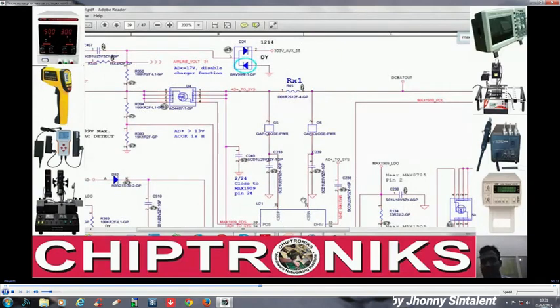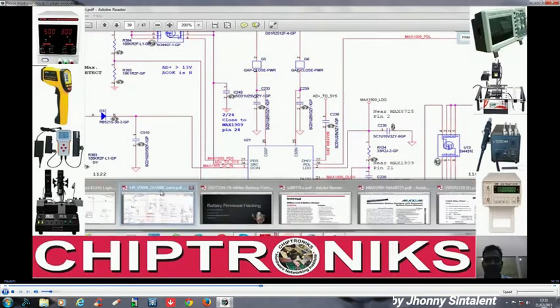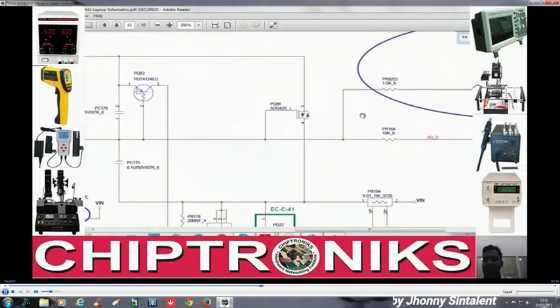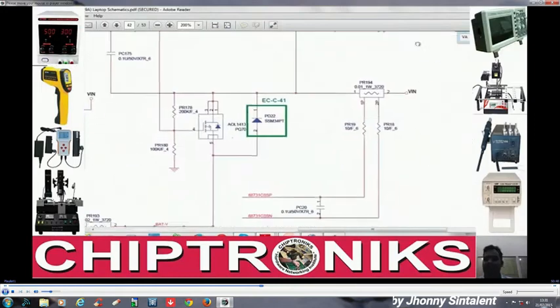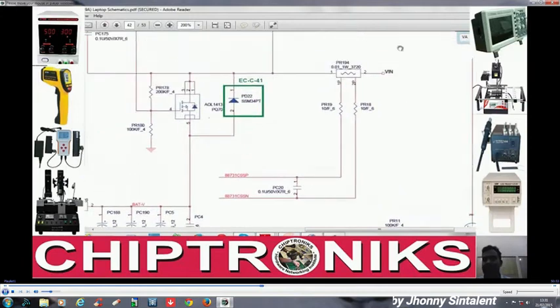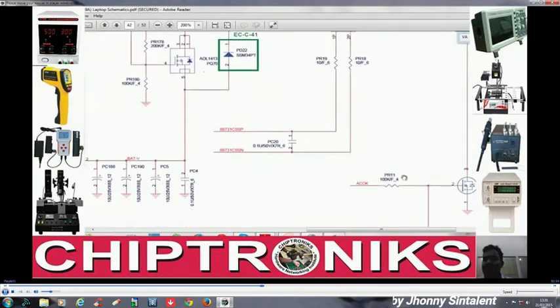If this charger IC is not okay, even then DC bat out will come over here, right? Whereas in the i3 Lenovo board, this V in will generate only when AC OK comes. When the adapter is present, this V in will generate only when AC OK is present.